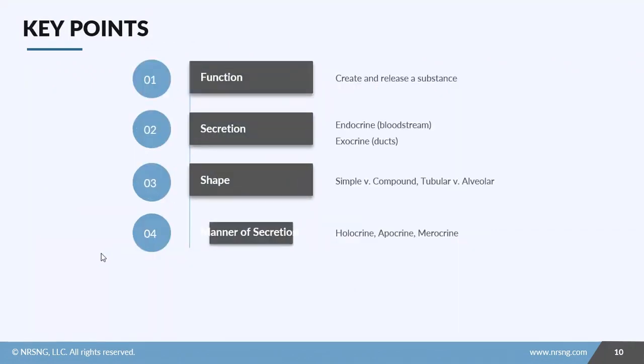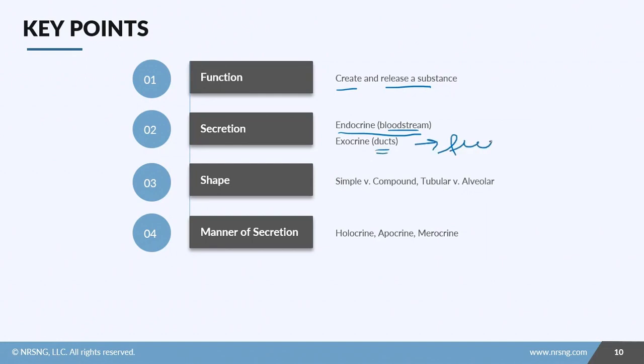So remember that glands will create and secrete the substance that they're specialized to, depending on the function of the gland. It's either endocrine, which means straight into the bloodstream, or exocrine, which gets secreted through a duct out to a free surface. We classify exocrine glands by their shape, so they're either simple or compound and either tubular or alveolar.